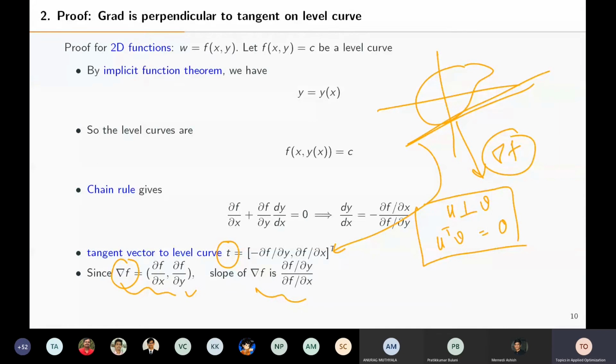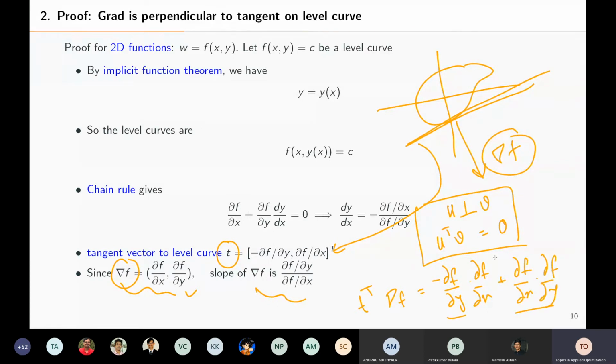So this is what is happening here. If I do T transpose of grad of f, then it becomes 0, because it becomes del f by del y times del f by del x plus del f by del x times del f by del y.